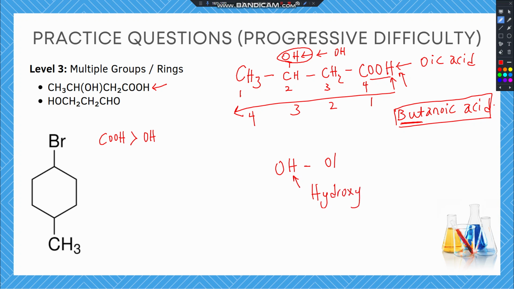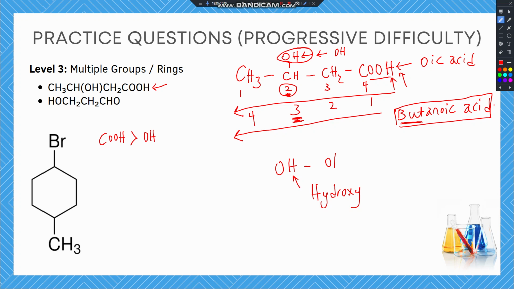So now that we want to identify the position of this OH, it is on carbon number 2. I beg your pardon, it is on carbon number 3 because our counting is from the right hand side to the left hand side. So it's not on carbon number 2, it is on carbon number 3.